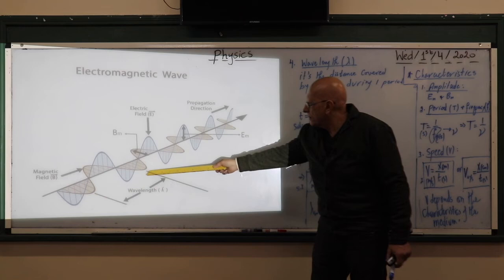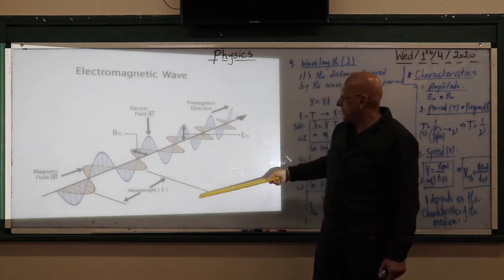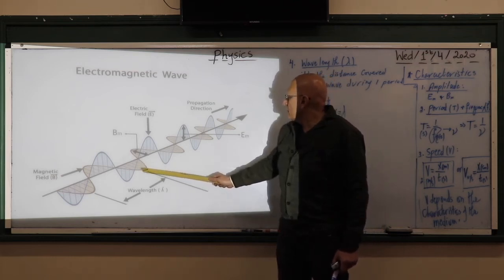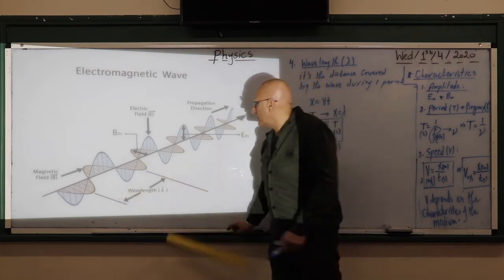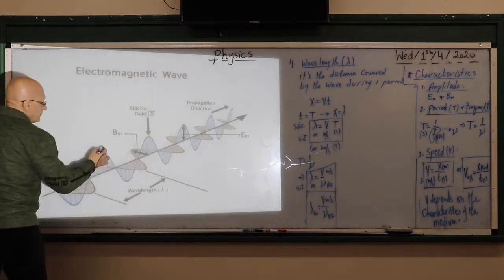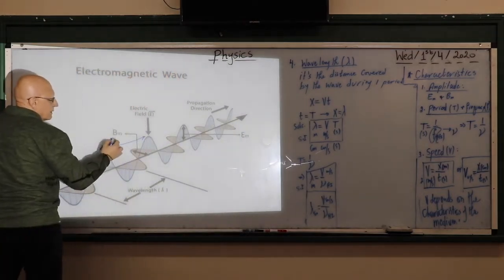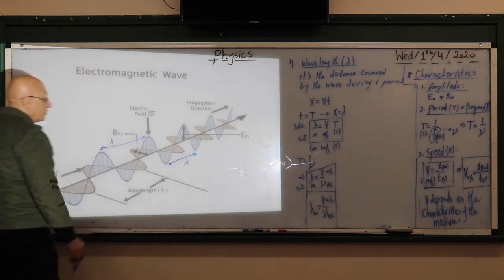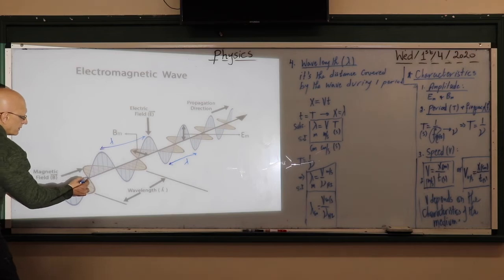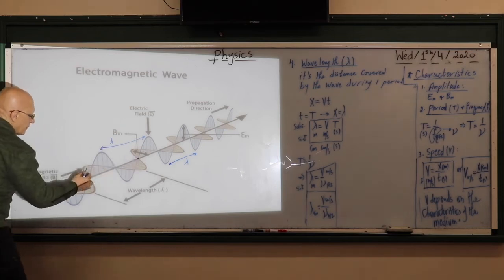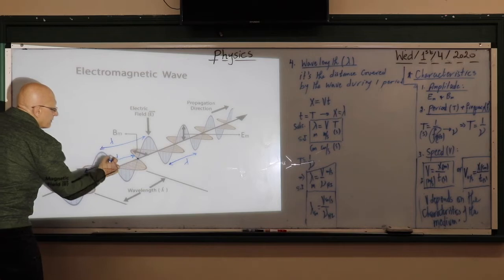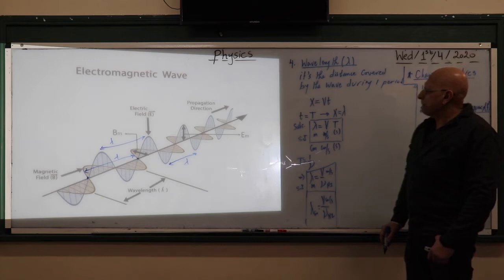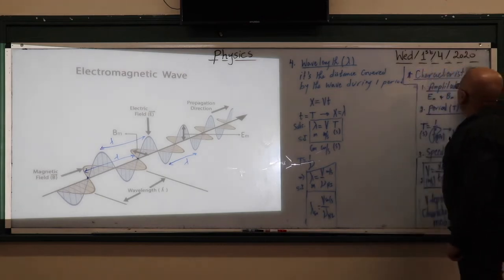It is the distance between two crests, here or here, or the distance between two troughs, or the distance from one point to another point where the wave repeats itself. This is lambda, okay?